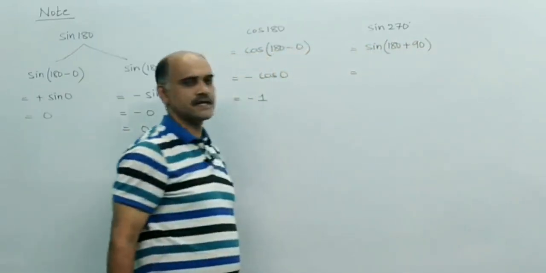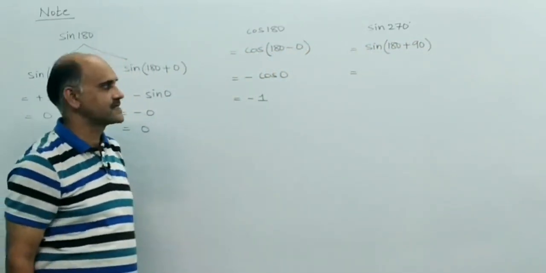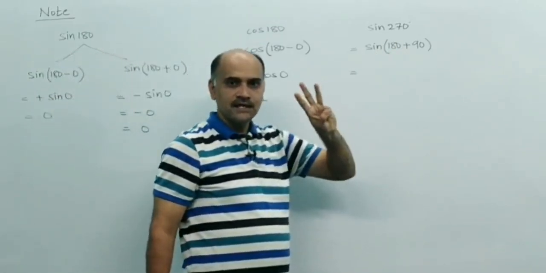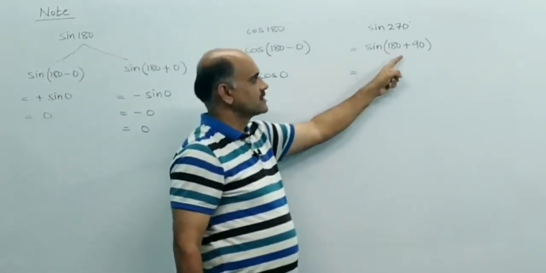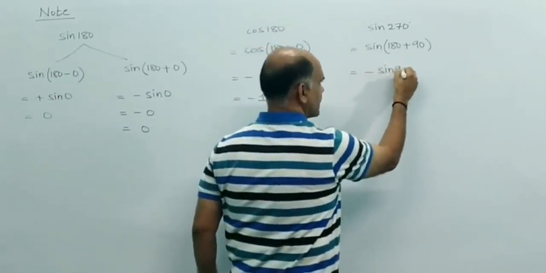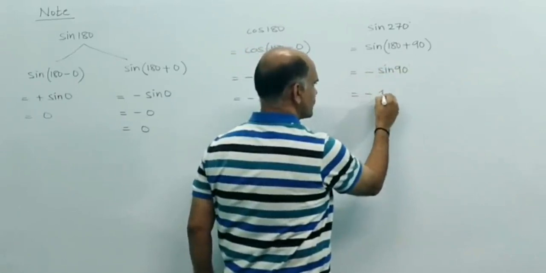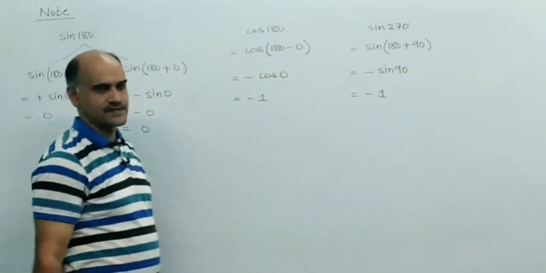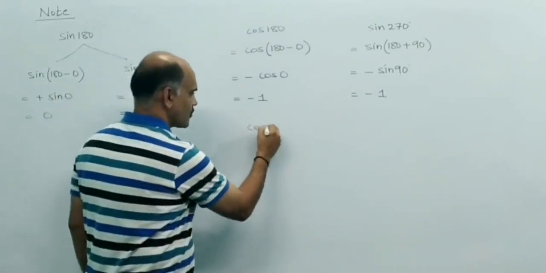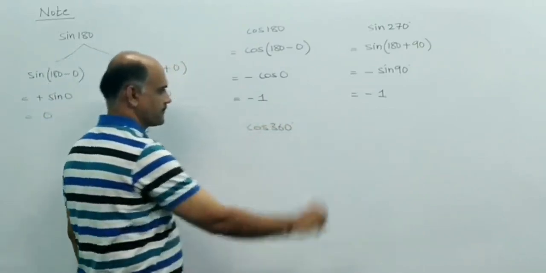You can even write it as 360 minus 90. 180 plus means it is in the third quadrant. In the third quadrant sin is negative, so you will have minus sin 90. Sin 90 is 1, so the answer will be minus 1. Clear students?